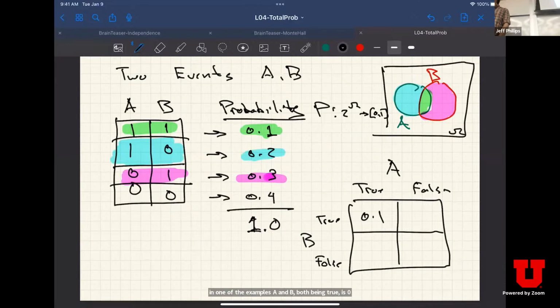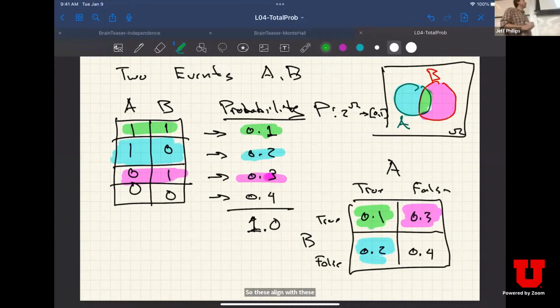A true but B false is 0.2. B true but A false is 0.3. And this is 0.4. These align with the same colors as before. A and B true is also the set A intersection B. These are all equivalent ways of thinking about it.